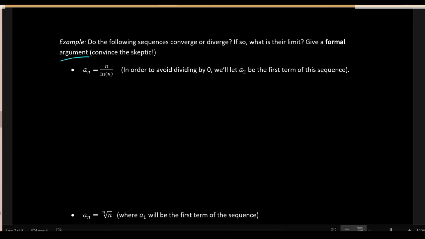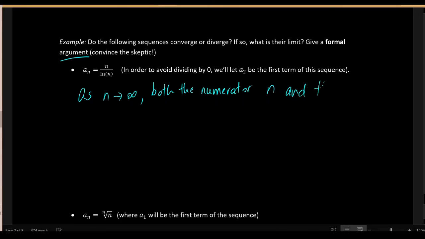We have, for example, a_n, whose formula is given by n over natural log of n. So the formula that we are trying to find the limit for is a fraction, n at the top, natural log of n at the bottom. Now, as n goes to infinity, both the numerator, n, and the denominator, natural log of n, go to infinity.